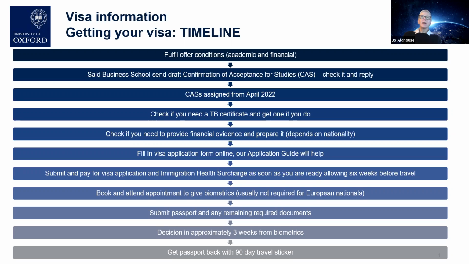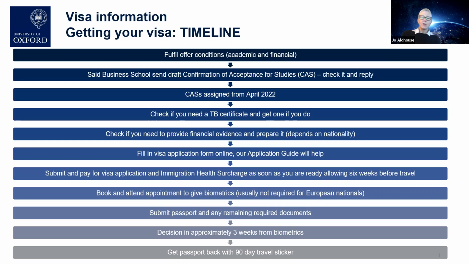This means that you won't need to get private health insurance for your time in the UK, because you'll be able to use the National Health Service. You can, if you want, get private insurance as well, but you would still have to pay the immigration health surcharge fee because it's compulsory.